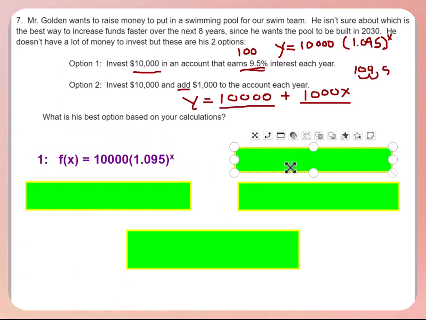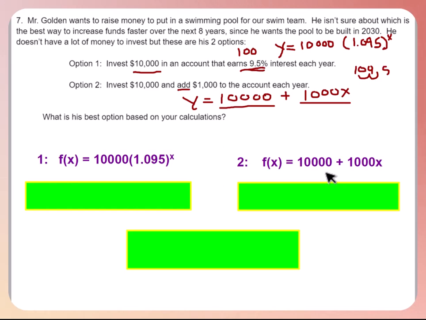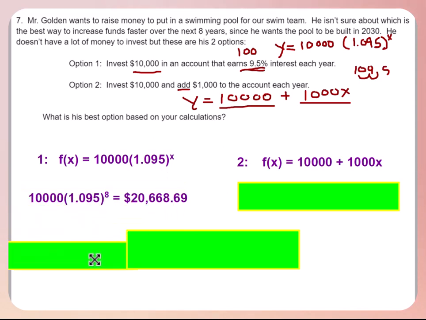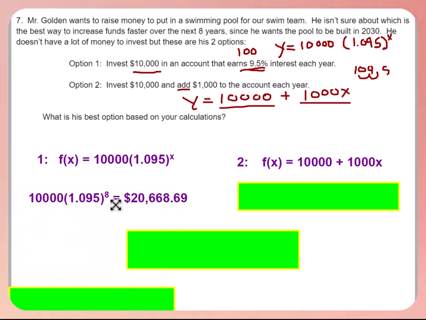Okay, let's see if we got those equations right. I put y, they put f of x. Put those in your calculator. Looks like we got those right. In the calculator, when we get to 8 years, you can look at your graph.